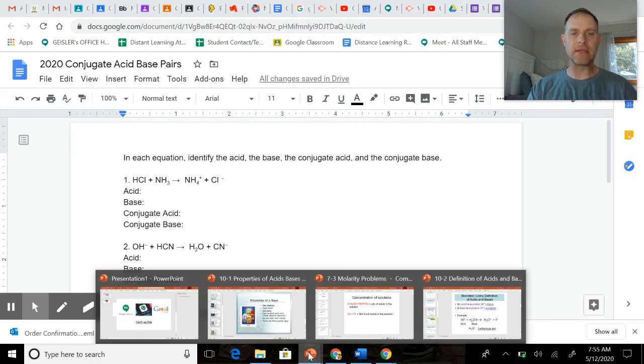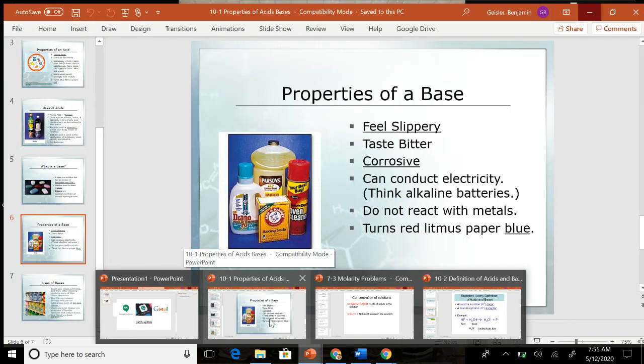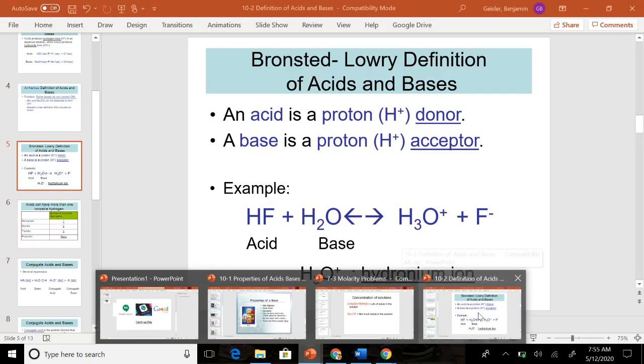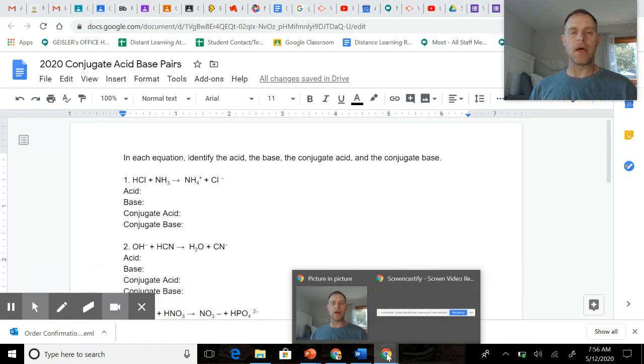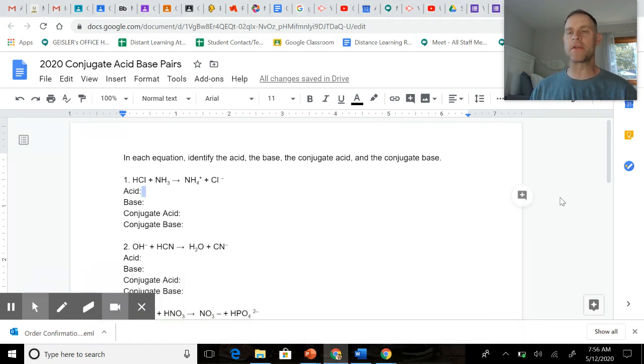Lowry and starts with a D. Bronsted. There it is. Lowry and Bronsted. Their definition was that one of them donated an H plus, and one of them accepted an H plus. So I want to use that definition today and look at how acids and bases donate and how they accept.